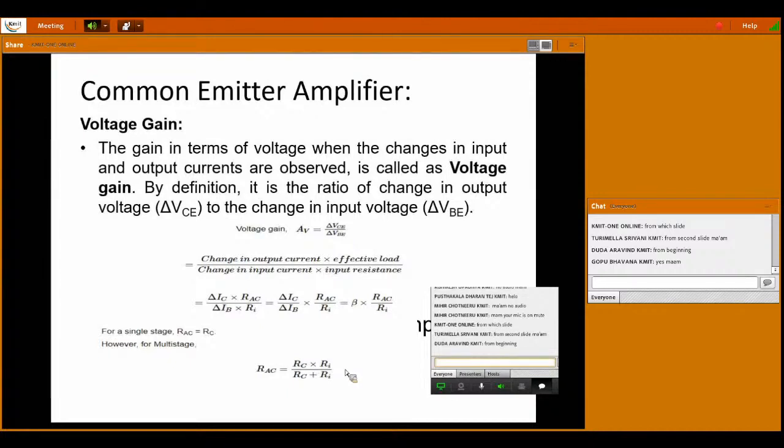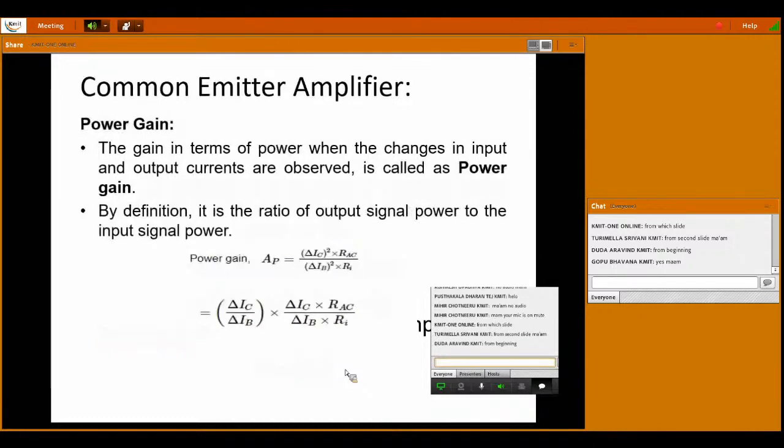Next, power gain. How do we calculate the power gain in a common emitter amplifier? We take the ratio of output power to input power. Output power is IC square into RAC, where IC is the output collector current, and input power is IB square into the input resistance RI. So the power gain is IC square into RAC divided by IB square into RI.